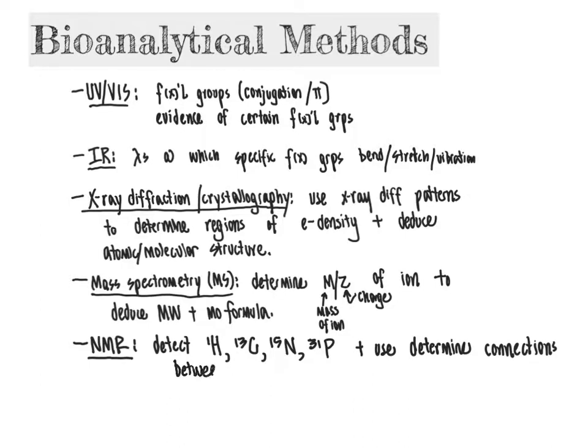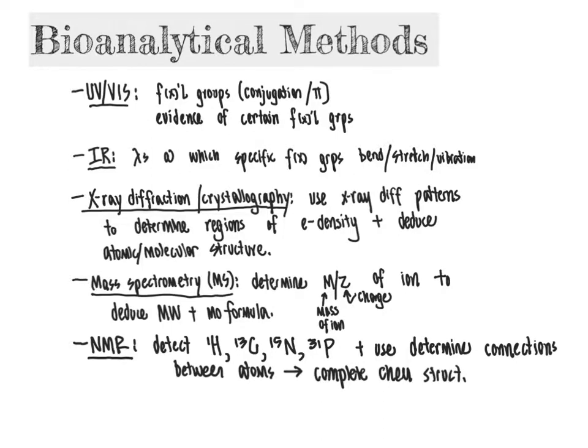And by determining the connections between atoms, ultimately, we can determine the complete chemical structure. Particularly if we use this NMR data in conjunction with the other types of data listed above, such as the mass spectrometry information. So for example, if we can use mass spectrometry to come up with candidates for molecular formula, then we can take that molecular formula and use the NMR data to determine the actual connections between those atoms that compose the molecular formula.